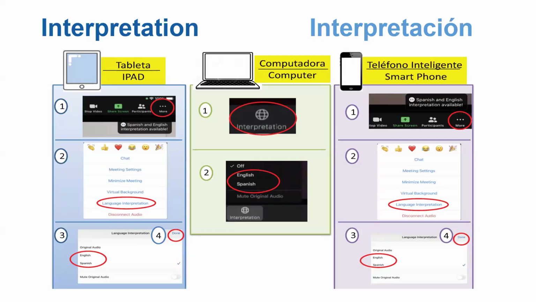If you're using a smartphone, an iPad, or another similar device, please look for the three dots on the top right of your screen. Click on that. It will open to the icon of the globe. You click on that, and then you would click English. And that's how you choose to hear anything spoken in Spanish interpreted into English. And that concludes the instructions.